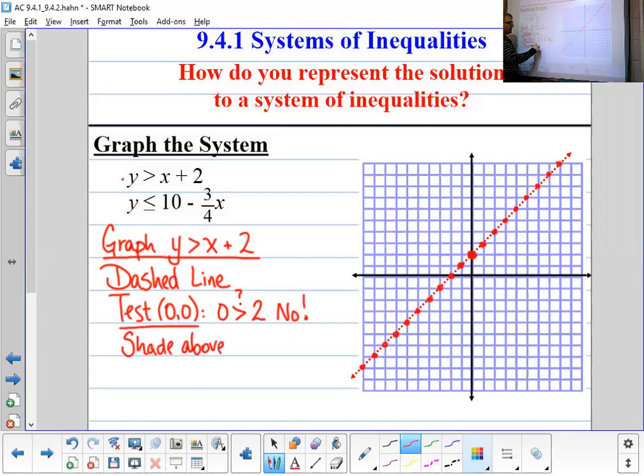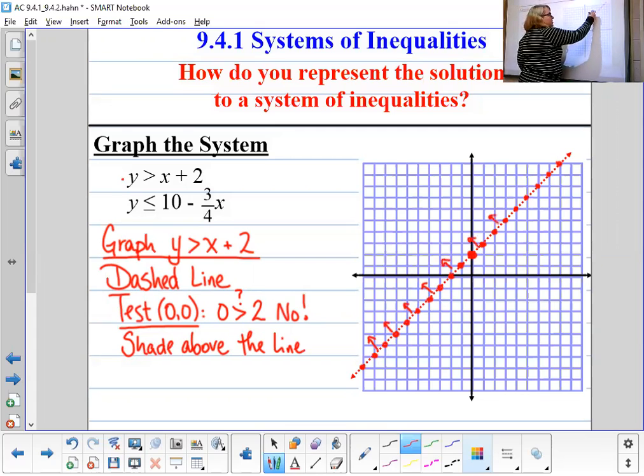Now we've got a couple things to think about here. Since this is a system and I'm going to be doing where the shading overlaps as my final solution region, you can either shade it in right now and then shade in the other one and then highlight where they overlap. Or one thing that I like to do is instead of doing a whole lot of shading and erasing or reshading, I like to draw arrows above my line showing where the shading would be.